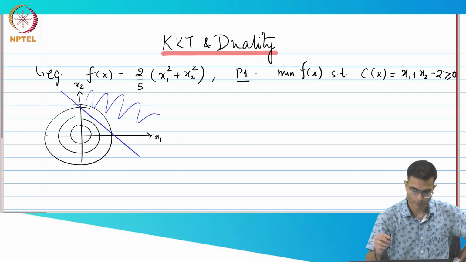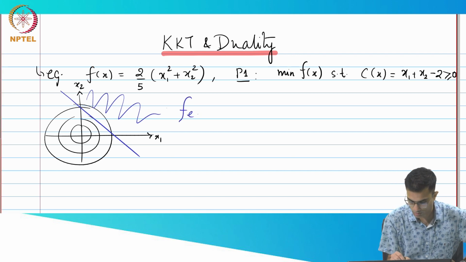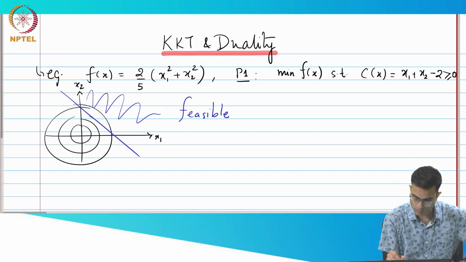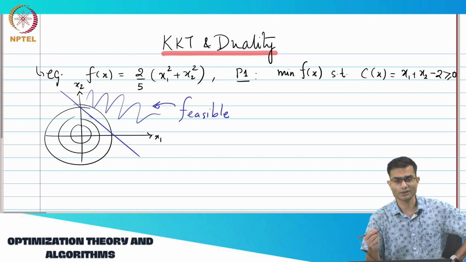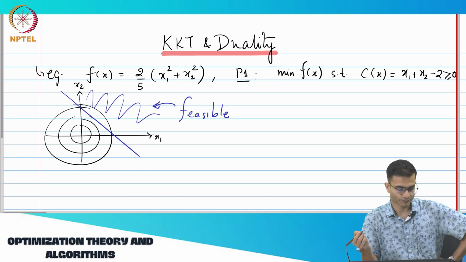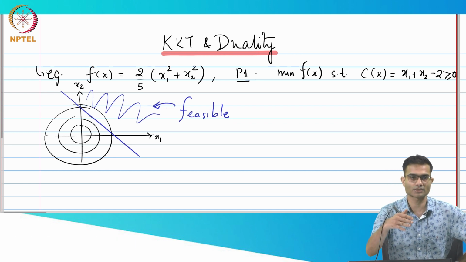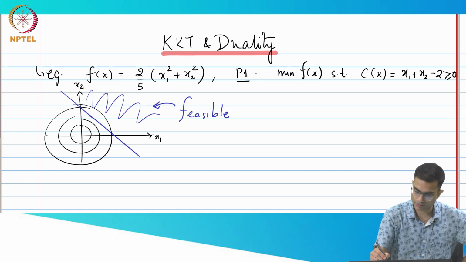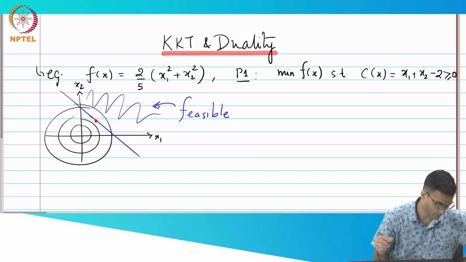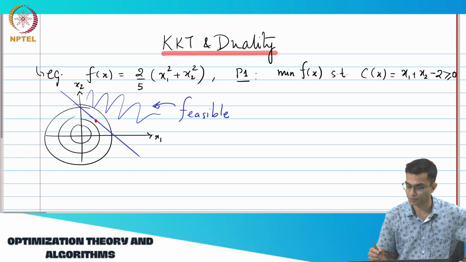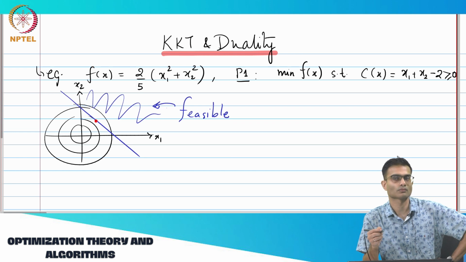Top, right? This is the feasible region. And we already know the solution to this. What is the solution? That circle which is tangent to this blue line, and it's going to be basically this point over here, right? So this true solution, can you guess the coordinates? 1, 1, right?